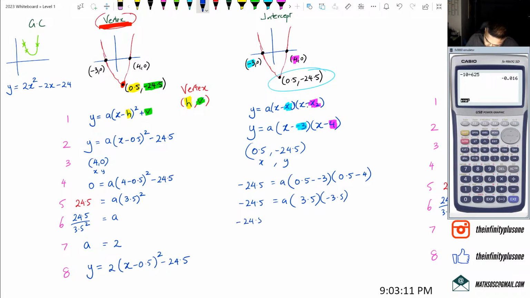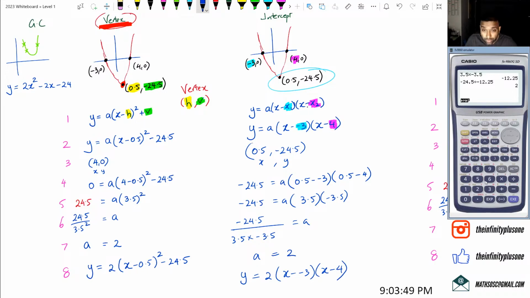So we're going to get negative 24.5 divided by 3.5 times negative 3.5, which is negative 12.25, so negative 24.5. Yeah, so you still get that same a equals 2. And so the vertex form just becomes like this. Sorry, not vertex, intercept form.